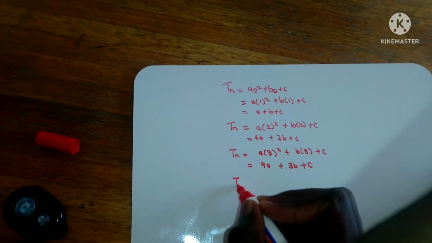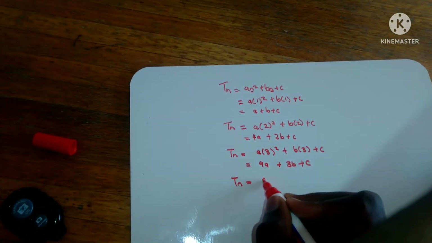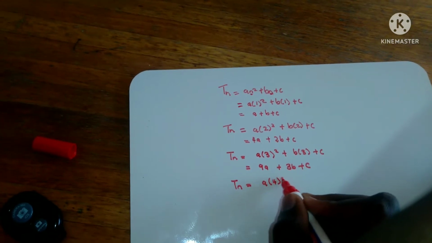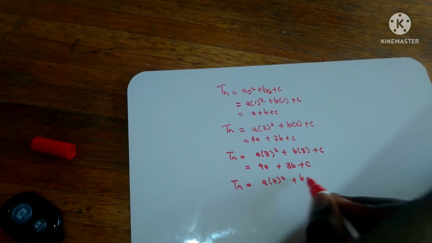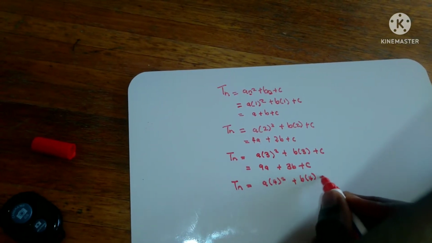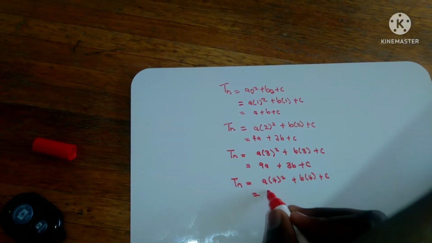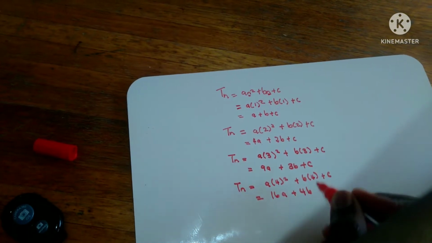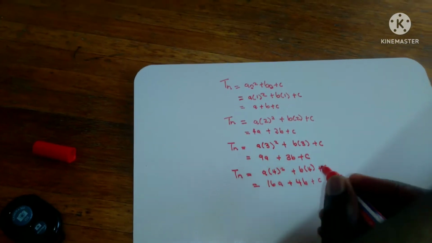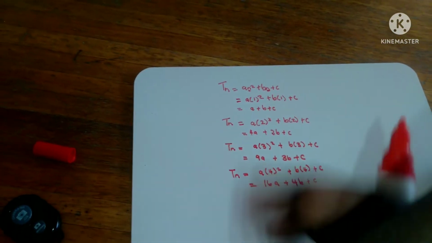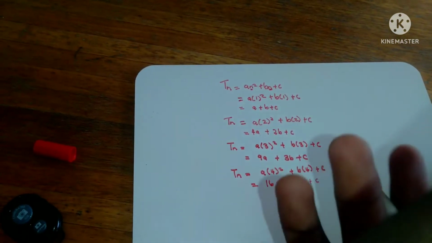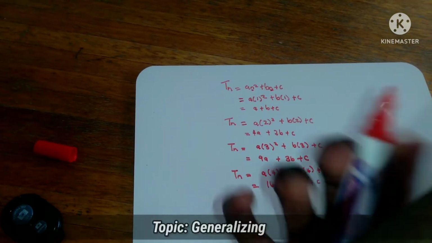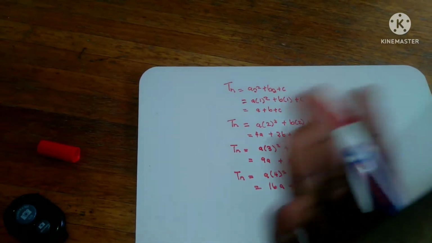Let's have the last term here, a multiplied by 4 squared plus b multiplied by 4 plus c, whereby we will have 16a plus 4b plus c. So we are using this to be able to generalize. We are using this to find a rule that can apply to find other rules.